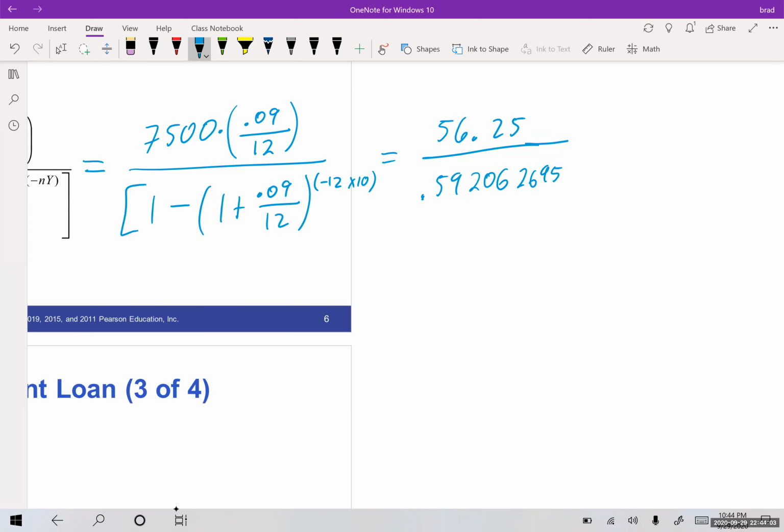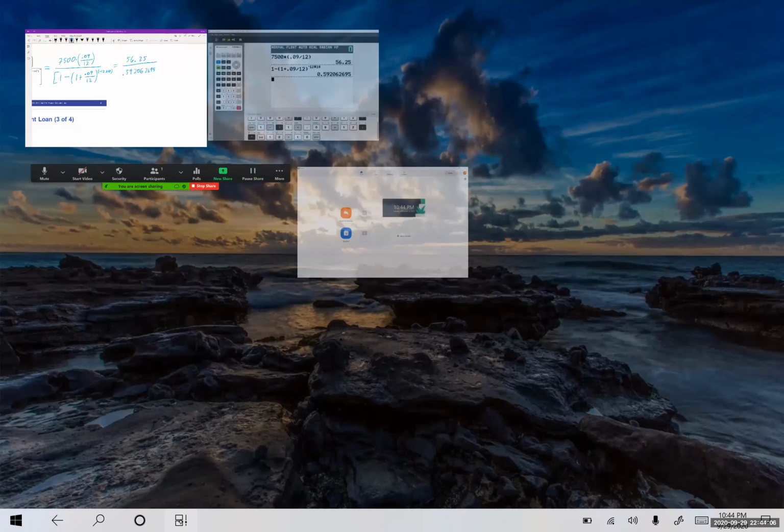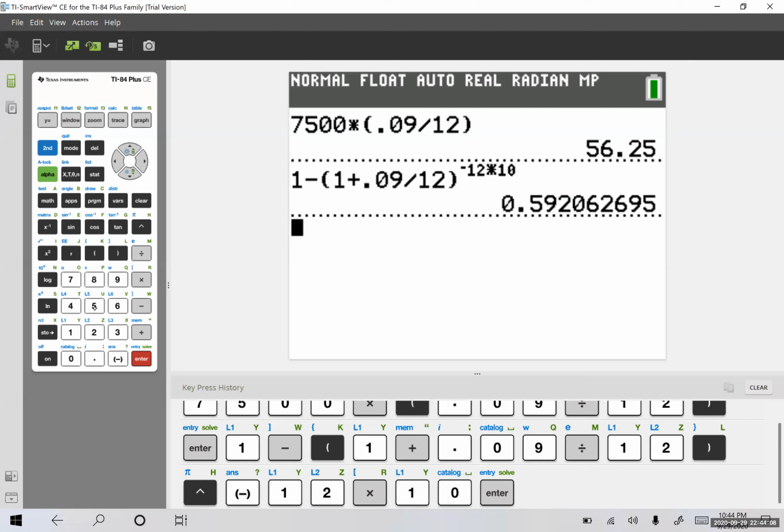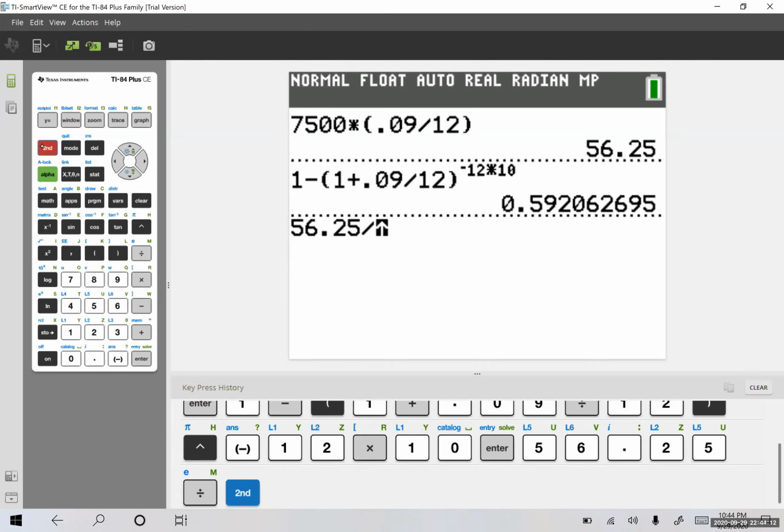Okay, so now I just take out my calculator and I'm going to do 56.25 divided by, and then if you just click second function answer, it takes the previous problem right here and puts it there. So I get 95.006. So if we round to the nearest penny, we would get 95.01.